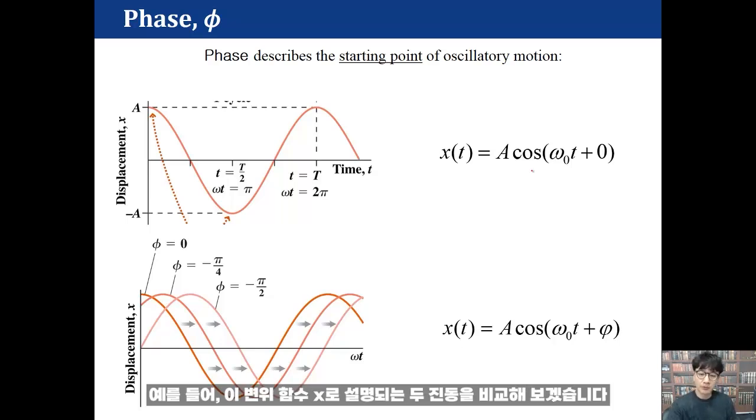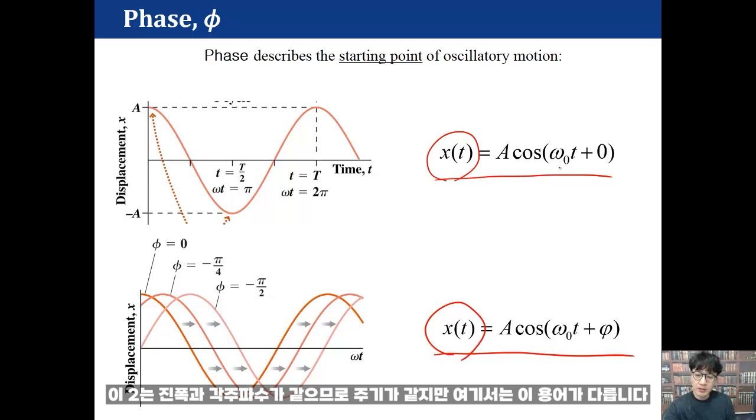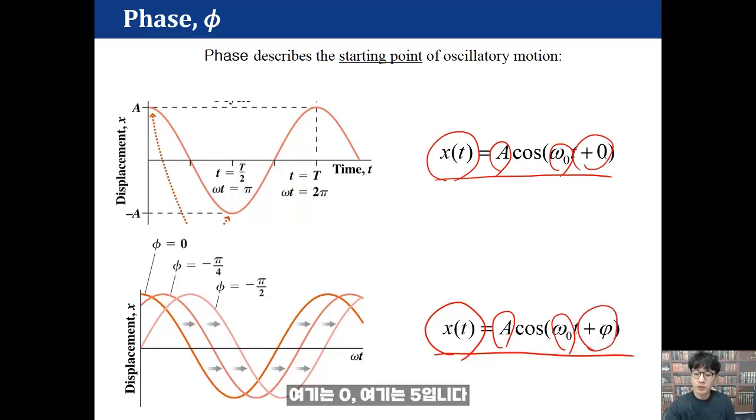For example, compare these two oscillations described by this displacement function x(t). These two have the same amplitude and same angular frequency, so same period, right? But here, this term is different. Here is 0, here is phi. This is what we call phase.